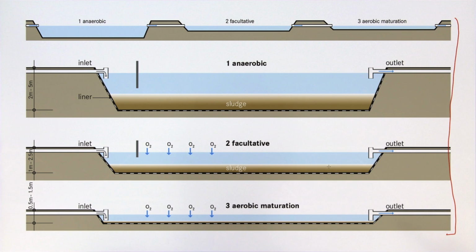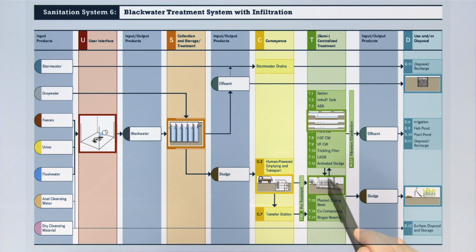What we're going to do is dump it into one of the small local waste stabilization ponds that happens to be nearby. Quite lucky for us, but also a very useful technology. So the effluent from the planted drying bed that we have here will flow into our waste stabilization pond.